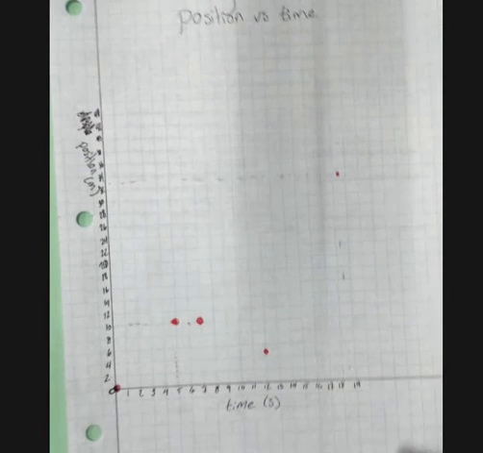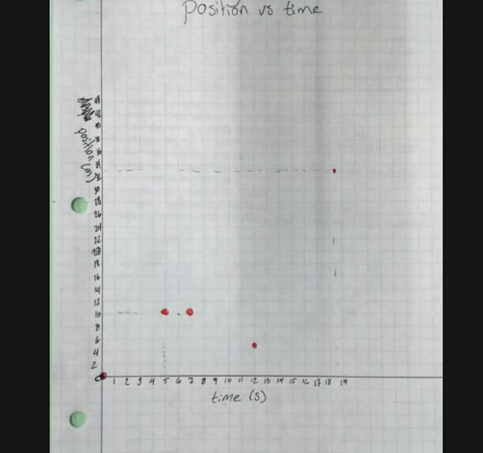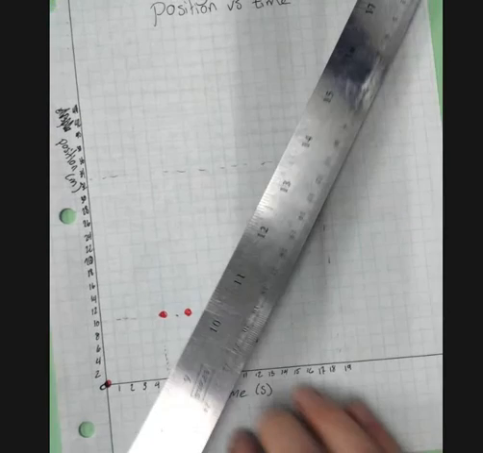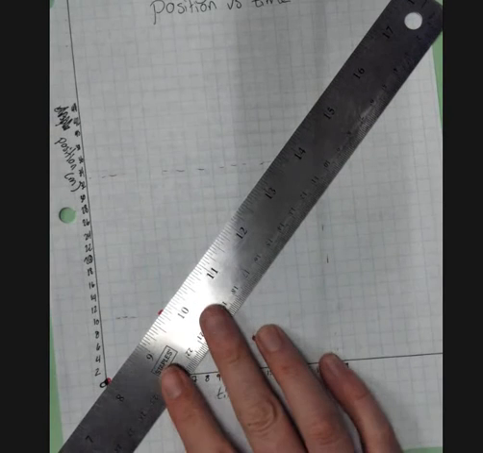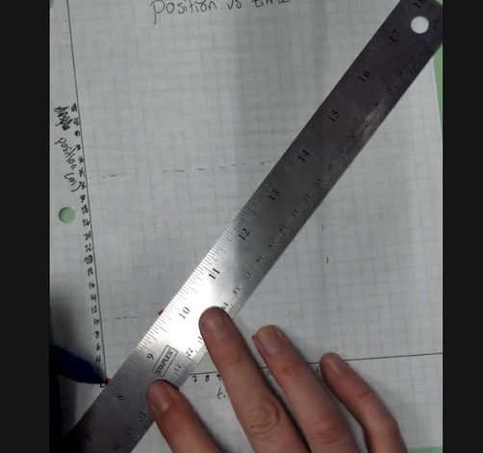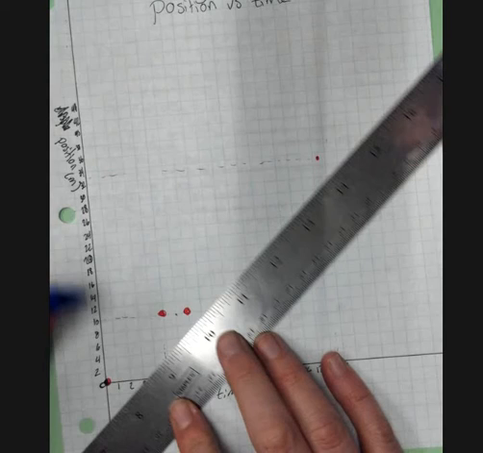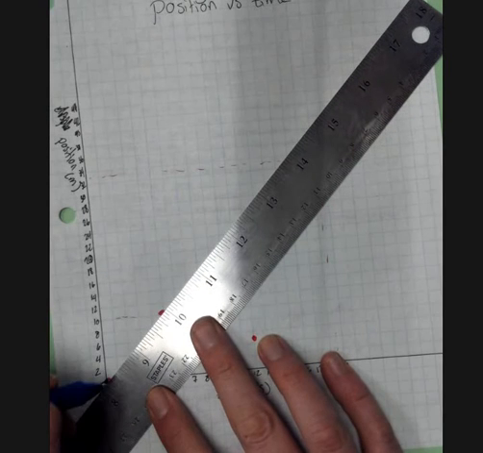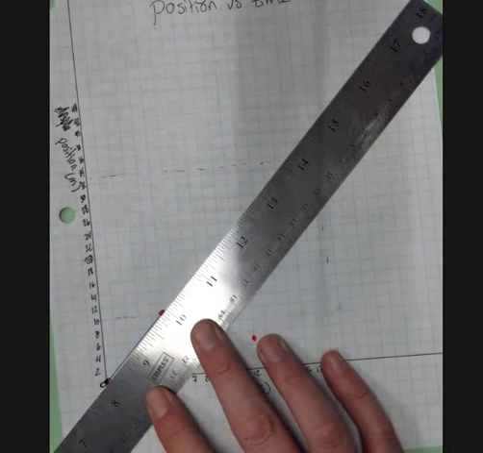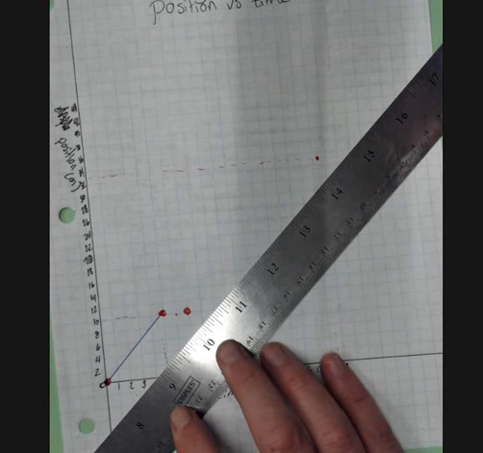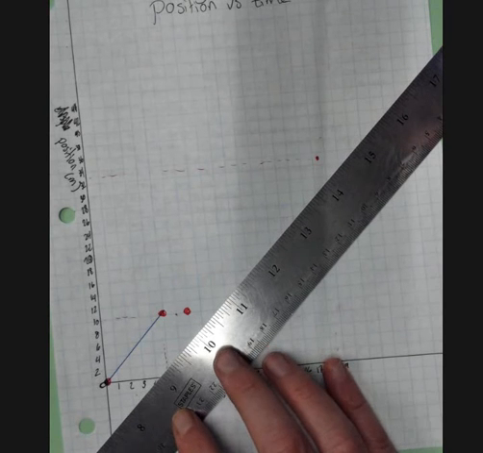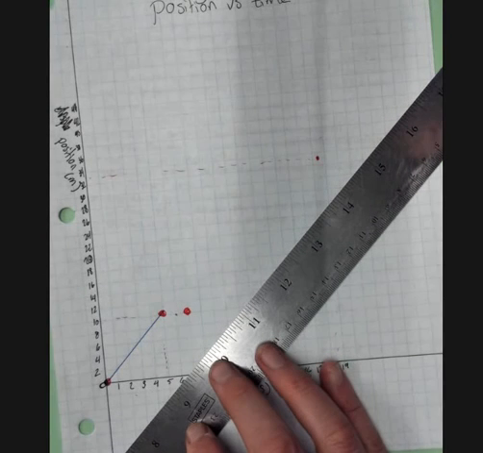So I have now plotted all of the clown's motion, but now I need to make a few assumptions. I know that in the first 5 seconds he was able to travel 5 meters. I can make the assumption that that was uniform motion, that he traveled a smooth, continuous velocity pathway from 0 to 10 meters.